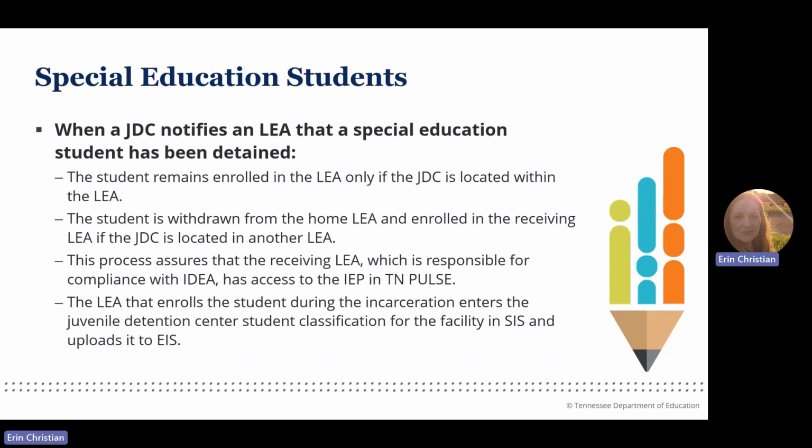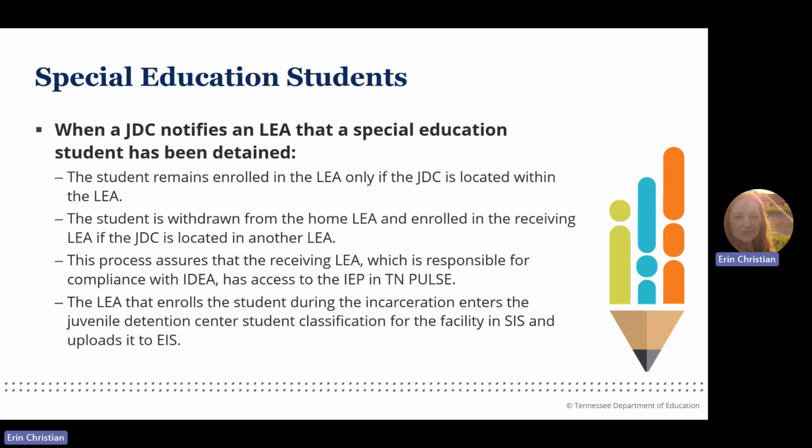Special education students. When a JDC notifies an LEA that a special education student has been detained, the student remains enrolled in the LEA only if the JDC is located within the LEA. The student is withdrawn from the home LEA and enrolled in the receiving LEA if the JDC is located in another LEA.